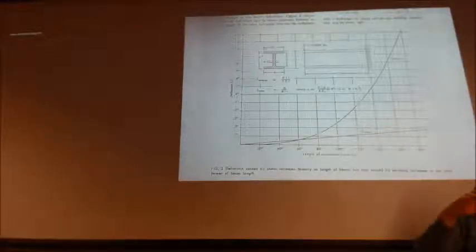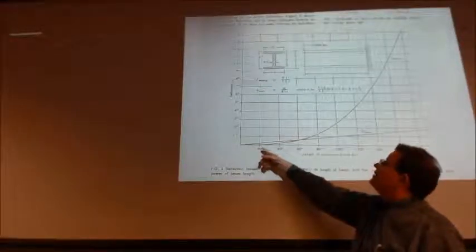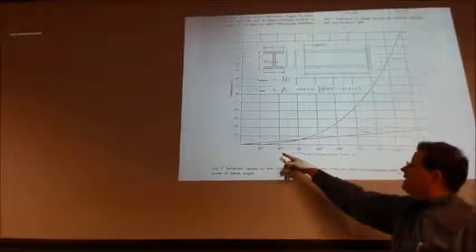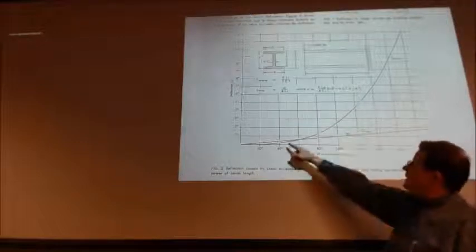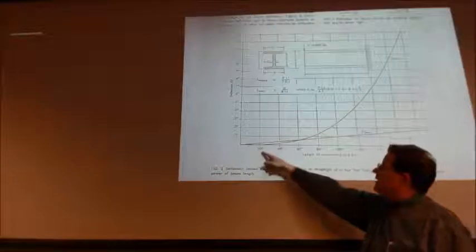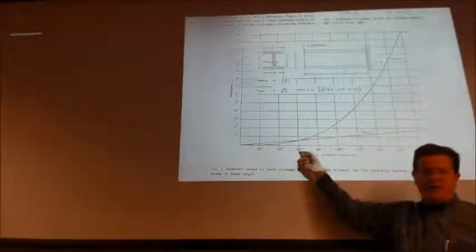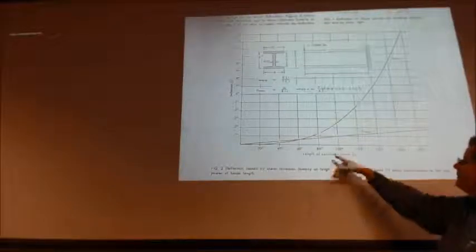So our aspect ratio of size to length: 20 inches long, it'd be 2 to 1, 40 inches, 4 to 1, 6 to 1. So you can see the shear is this linear line here, and the bending deflection here. So all the way out to 6 to 1, the shear is just as critical as the bending.